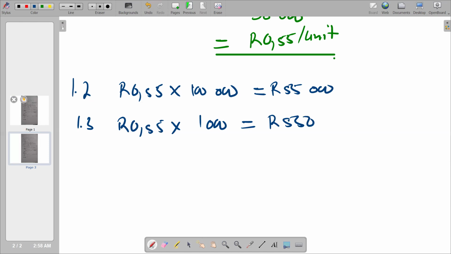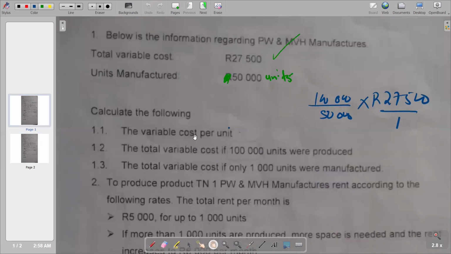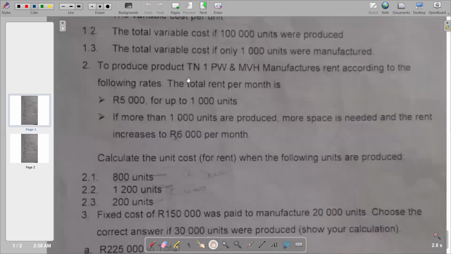Moving on to question 2, to produce product TN1, PW and MVH manufacturers are renting according to the following grades, and the total rent per month is 5,000 rands for up to 1,000 units. What it means is any production that is 1,000 units or below will have a total rent of 5,000 rands.